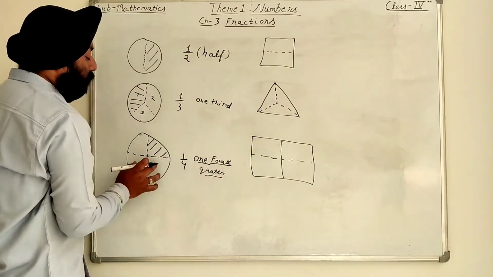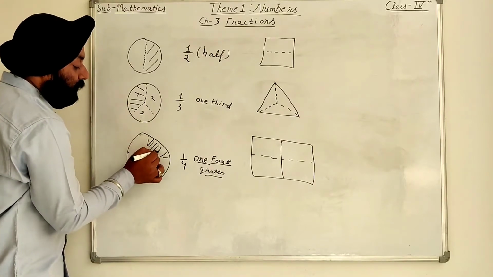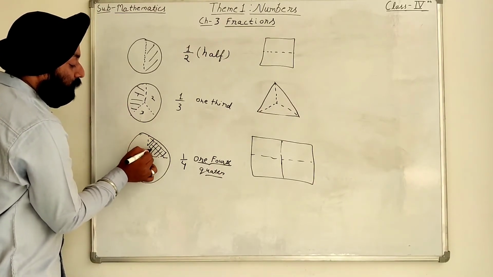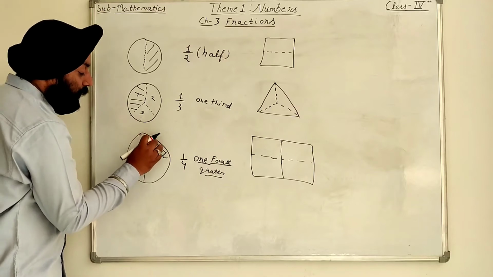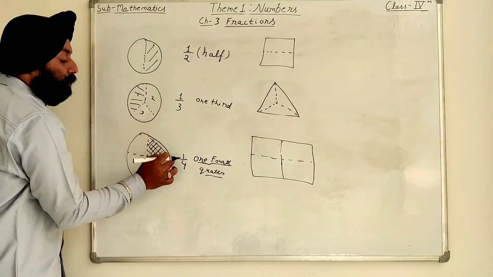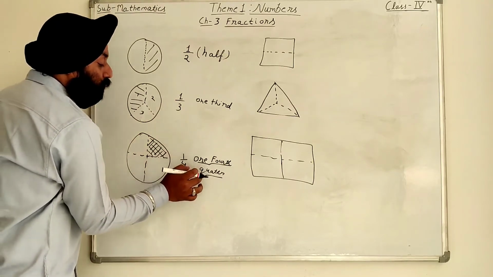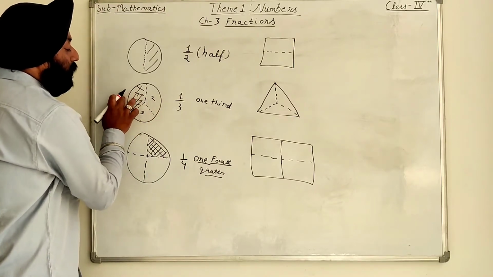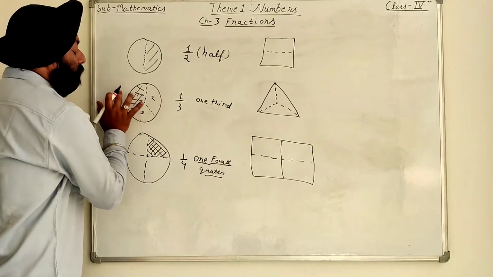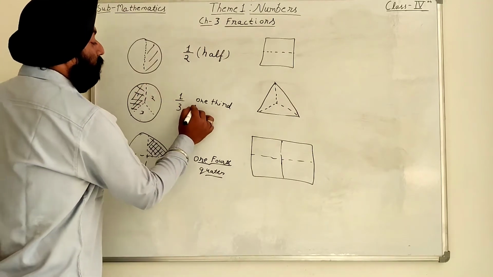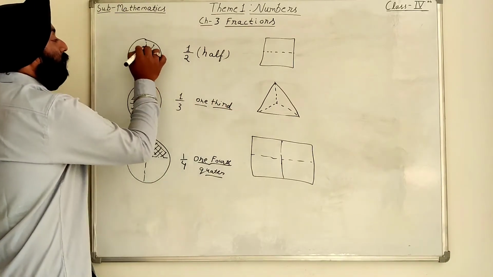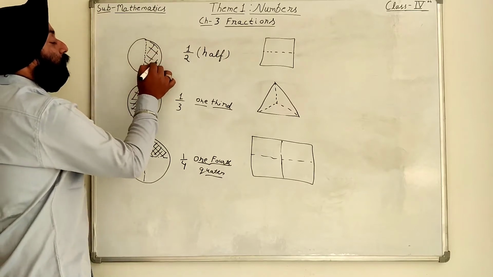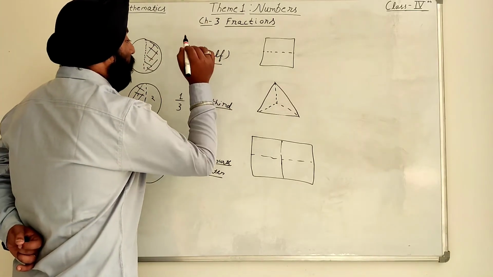Like the shaded part, if we take that part aside, then it is 1 upon 4, 1/4 or quarter. This is called 1/3, and this is called 1 upon 2 or half.